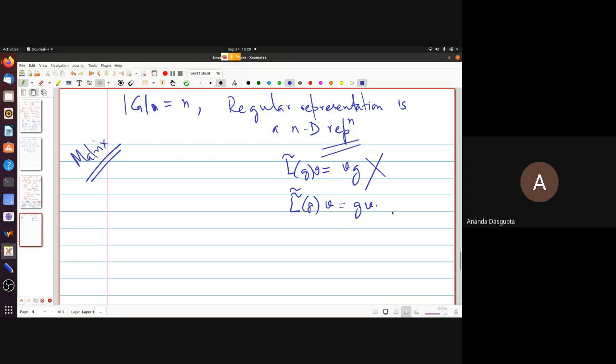So this will work at least as far as asking for a homomorphism is concerned. But this does not give you the regular representation, which is a matter of definition, of course. You have to choose one of them. One is chosen, the other one is not. And there is a reason for that.